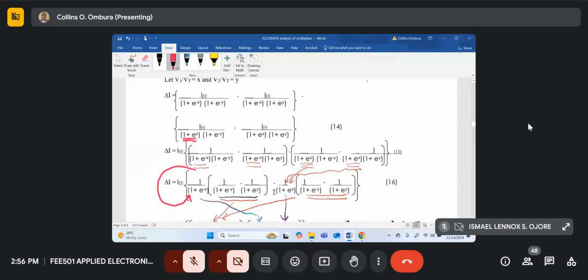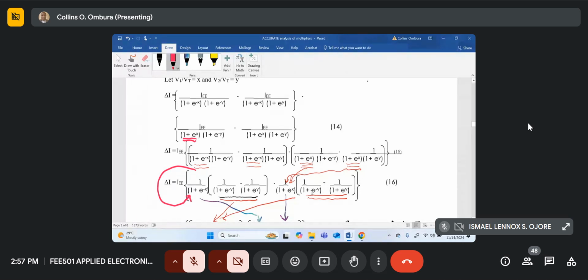When I close up brackets, minus, then this term which is common in the second bracket, 1 plus e to the x, I've brought it over here. And then I get an inner bracket to take care of this term over here, 1 plus e to the minus y, this one.